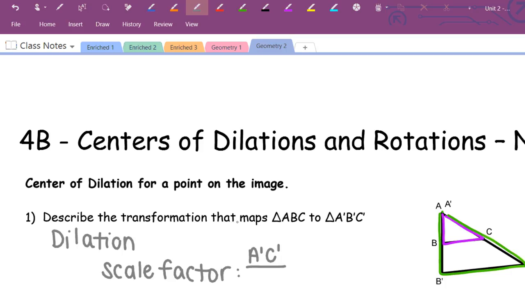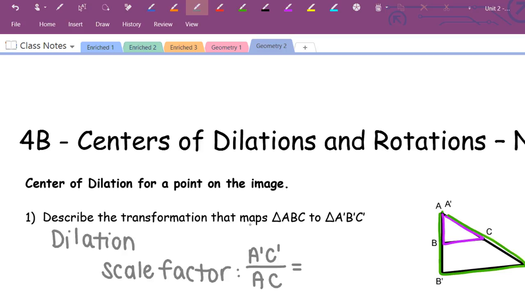That's the new one. What's the original? That would match up with that if you're trying to figure out what you have to multiply by to make it bigger. Take 2, yeah. Or you could use what else? You can give me another way we could figure out our scale factors. A prime C prime over AC, the long segment over the short one.